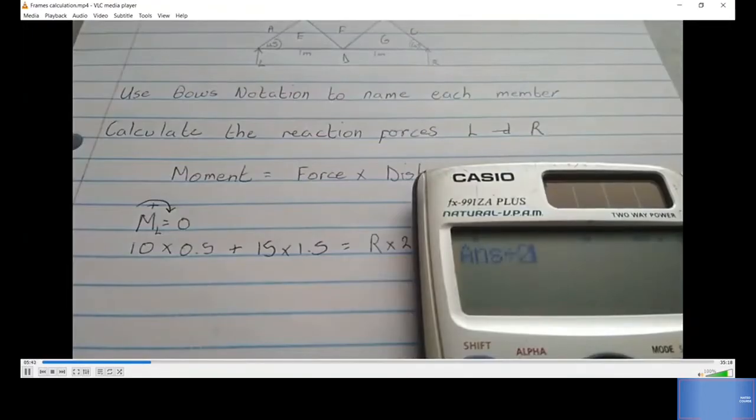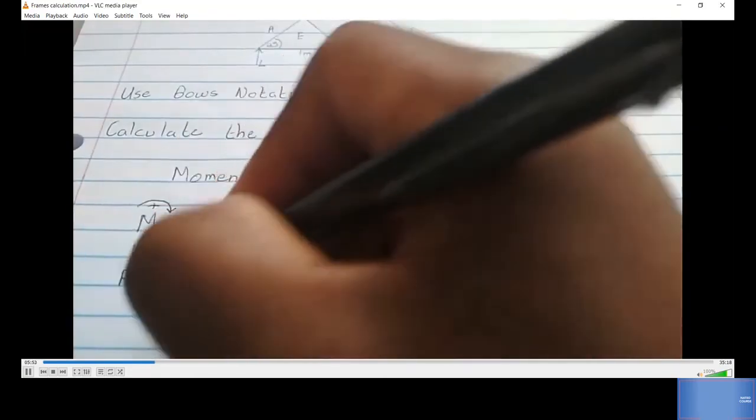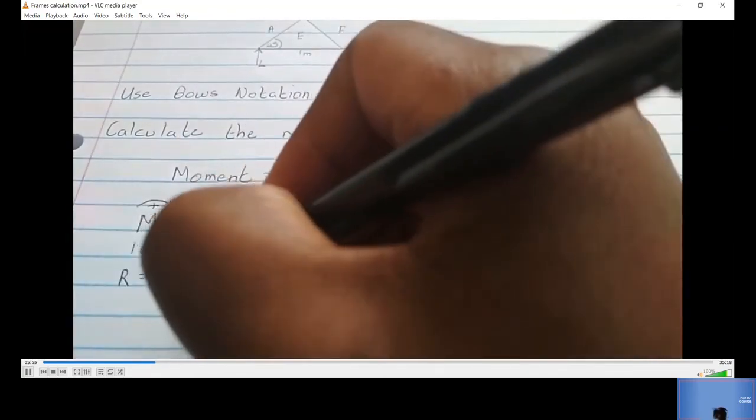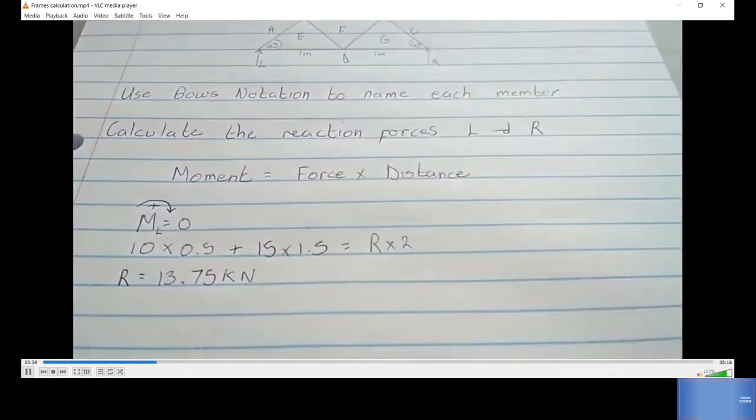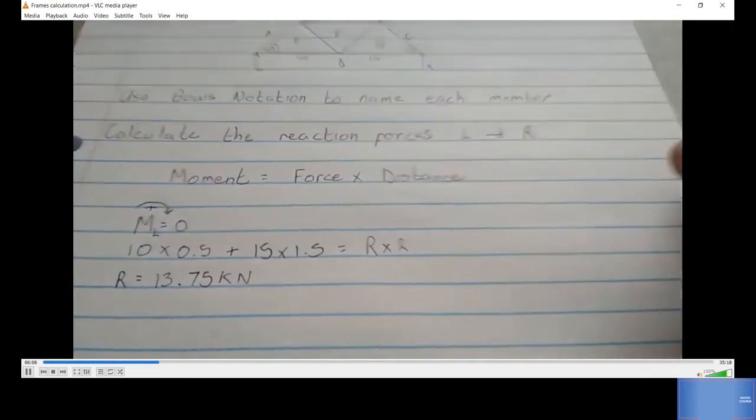So we're going to say divide by 2, and we get R is 13.75 kilonewtons.